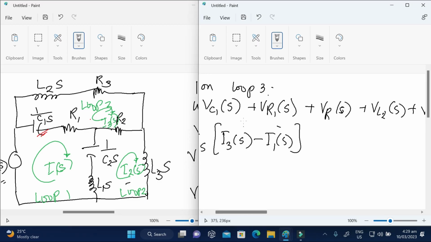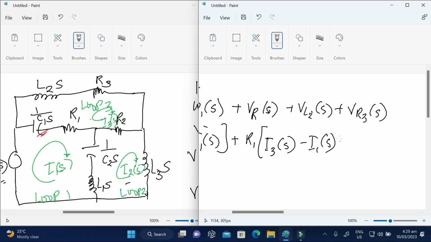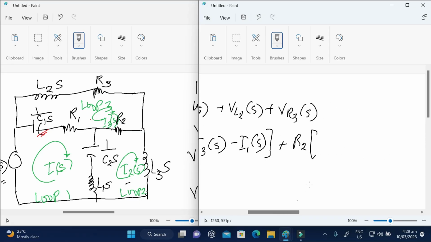Okay, that is for the voltage of C1 plus the voltage of R1 multiplied by, so sa R1, still, ang kuryente niya is the difference between I3S and I1S, plus the voltage across R2, okay, so sa R2, ang kuryente niya ay the difference between I3S minus I2S.